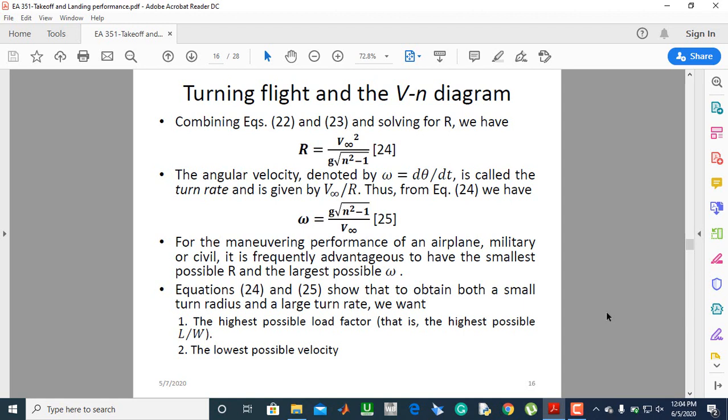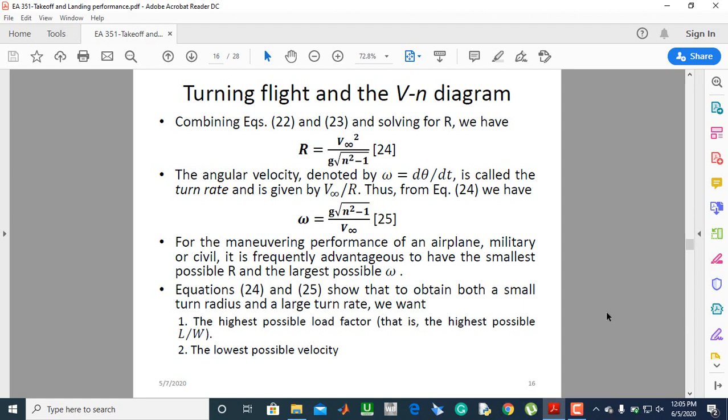From equation 24 and equation 25 you can observe something, that for maneuvering performance of an aircraft, military or civil, it will make more sense, or it will give you a certain advantage, to have the smallest possible turn radius and the largest turn rate. The turn rate simply means an aircraft should be able to turn very fast, within a fraction of a second, and it should have a small turn radius.